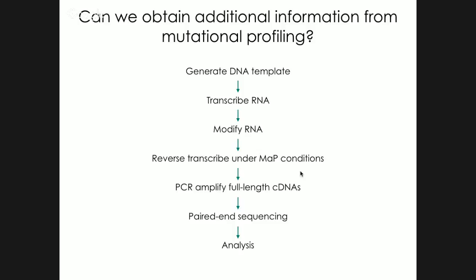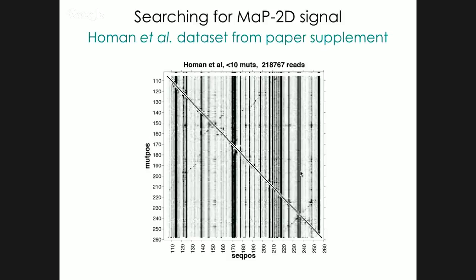So first of all, we were interested in seeing whether we could detect two-dimensional data from the data that the Weeks lab actually presented in their paper. We found a data set in their supplemental data, which is essentially what's called a simple file that contains strings with a binary encoding, with a 1 where there's a mutation and a 0 where there's not a mutation.